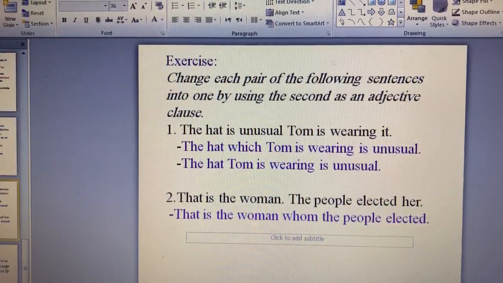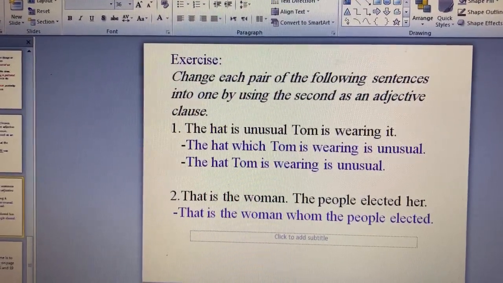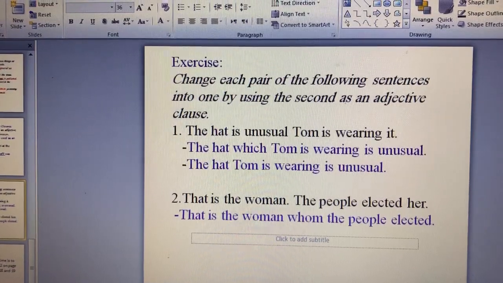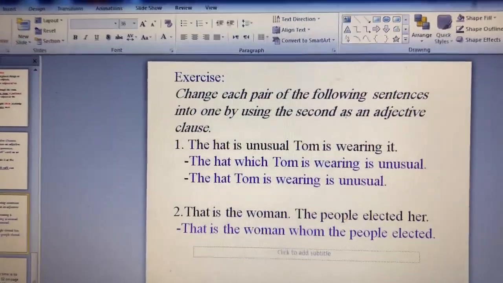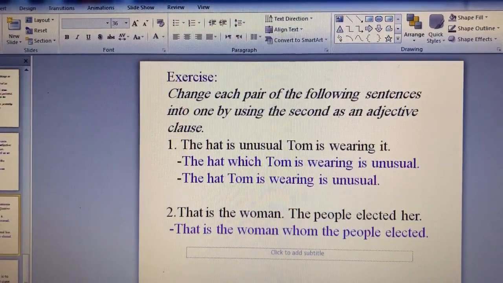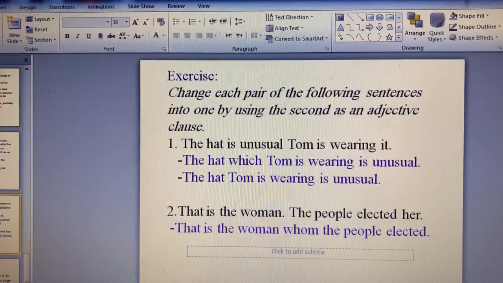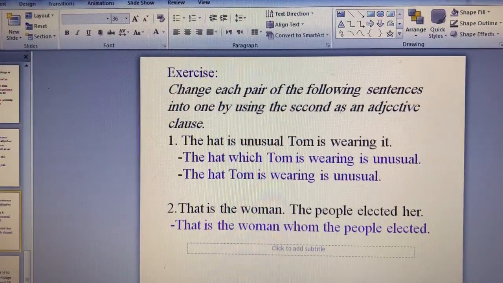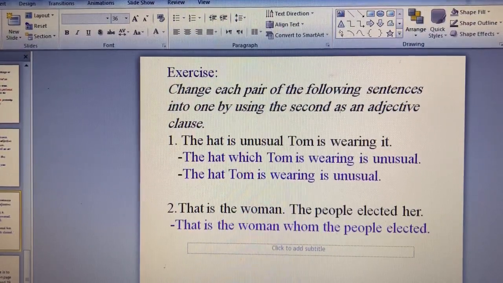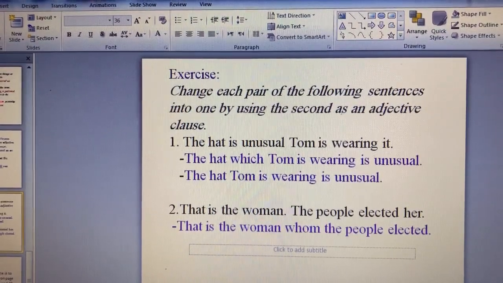I have to stop before the second verb is because is shouldn't be included in this adjective clause. Let's omit which here since it's the object. The hat Tom is wearing is unusual. Here, as you noticed, omitting which doesn't affect the meaning since which functions as the object. It can be omitted from the adjective clause. Tom is the subject and is wearing is the verb.